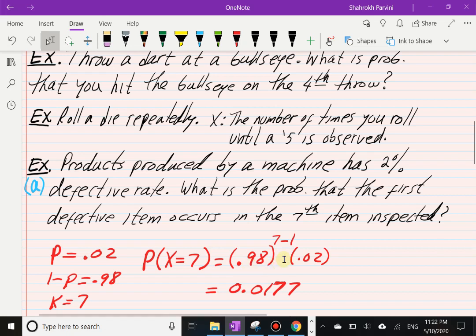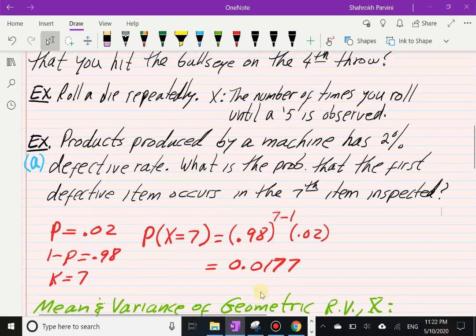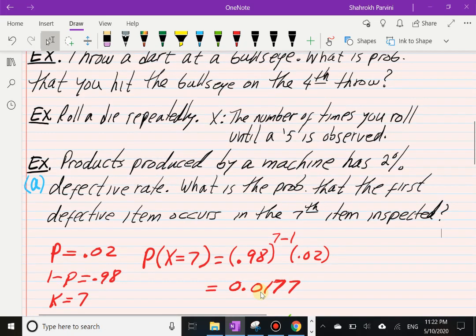And then we finally multiply that by 0.02, and if I did the calculations right, that number turns out to be 0.0177. So in other words, roughly 2%, a little less than 2% probability that we observe the first defective item on the 7th inspection.